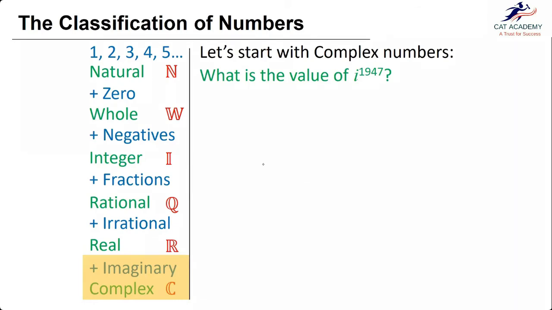How should I find the value? i raised to 1947 should be broken down into multiples of 4.